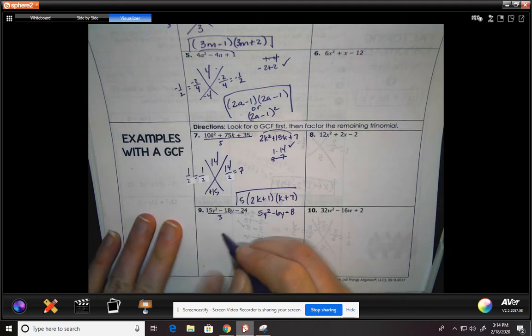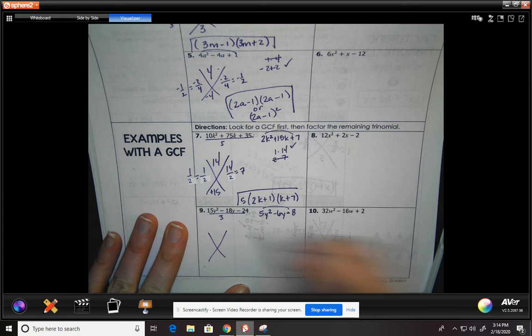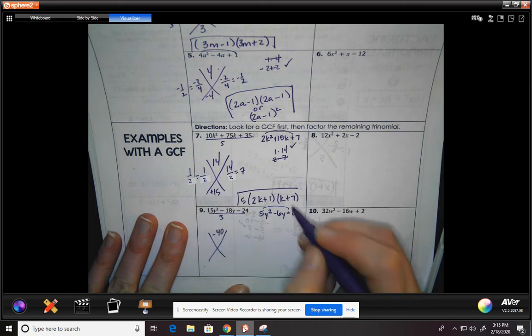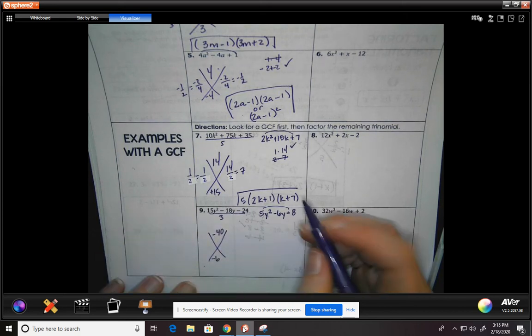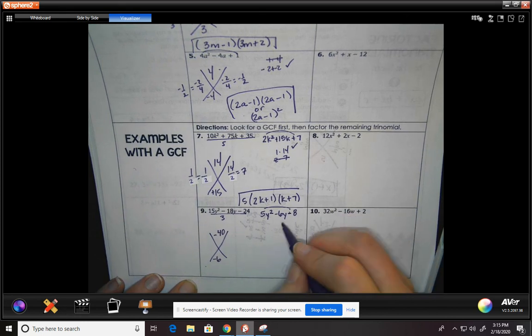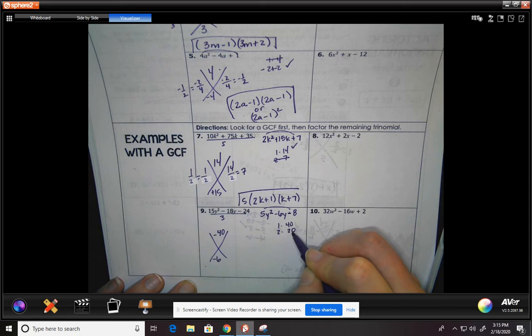Okay, using the x with the new piece, 5 times -8 is -40, and my sum needs to be -6. So multiples of -40, we got 1 and 40, 2 and 20, 4 and 10, 5 and 8, and that's it.